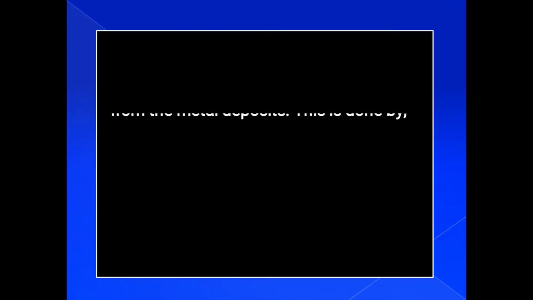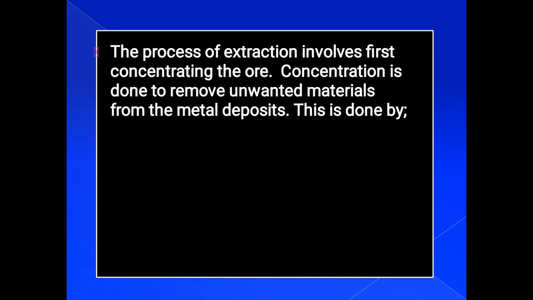So we now look to understand that the process of extraction involves first concentrating the ore, and concentration is done to remove the unwanted materials. Remember that every time you are extracting an ore, we are getting a metal from its natural setting, which mostly is from the earth.